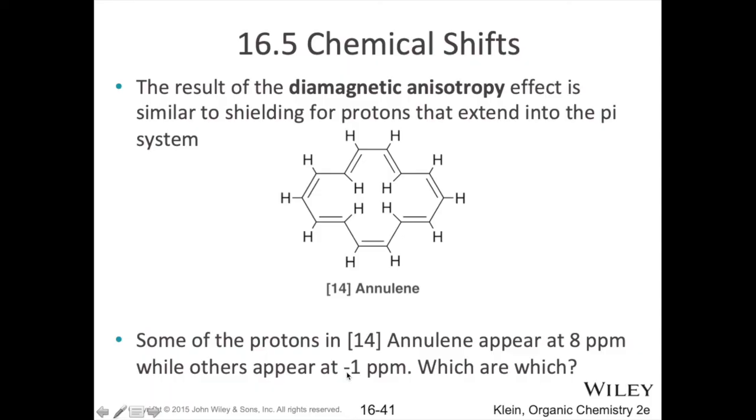Which is just weird. But I think I mentioned earlier that you typically have signals showing up somewhere between like 1 and 12 ppm or 1 and 10 ppm, but occasionally you have things outside of that range. Very rarely. Well, this is one of those rare circumstances.